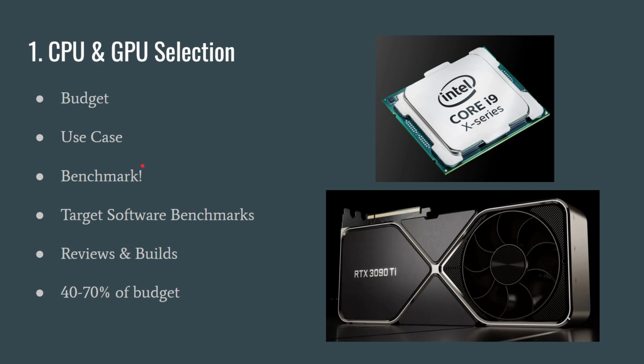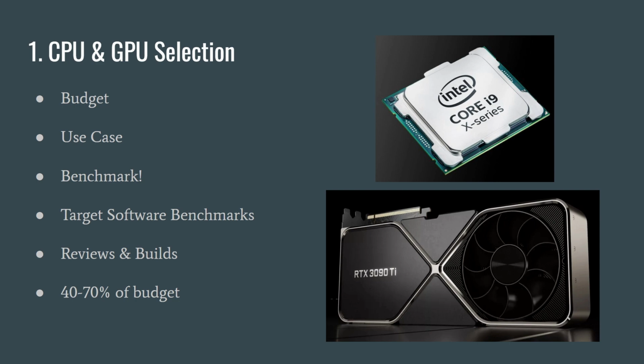The reason I'm not getting too specific on the specs here is that what I would recommend is to just benchmark. There are websites like PC Benchmark and Tom's Hardware that have great benchmarking reviews for all types of CPUs and GPUs.